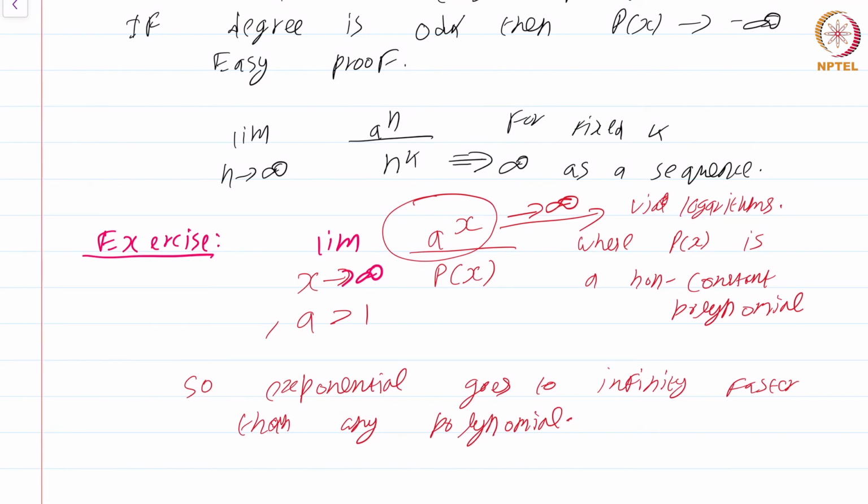For this, you just need to use the various properties of infinite limits combined with what you have already seen for sequences. So please prove this. This is very important. It illustrates the power of exponential growth. Exponentials quickly dominate any polynomial.